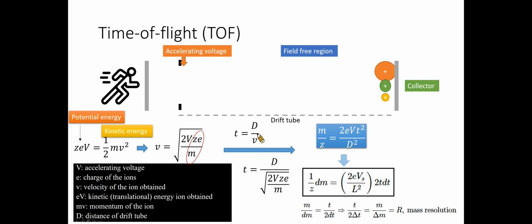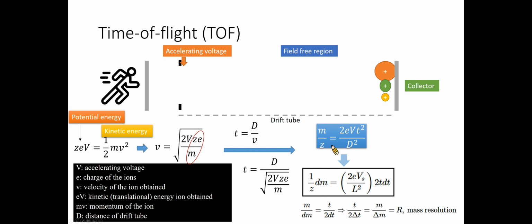Then solving for time, we get the following equation to describe the time in a TOF analyzer. By rearranging the equation above, the expression of mass-to-charge ratio is determined with this formula.